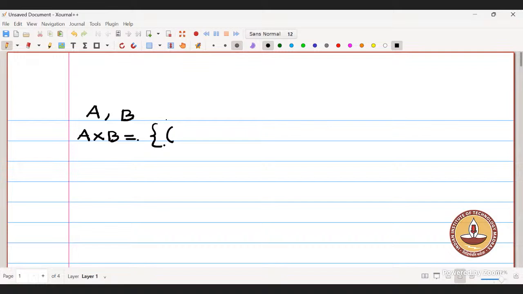Basically the first element from A and the second element from B. Yeah, it's basically the ordered pair where the first element comes from A and the second element comes from the set B. And this is the Cartesian product.